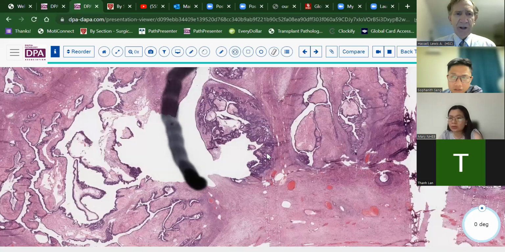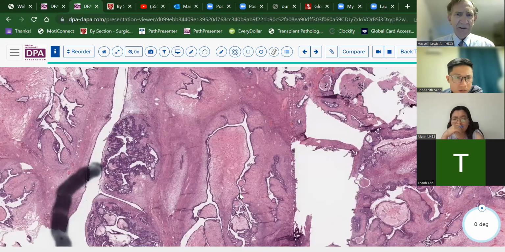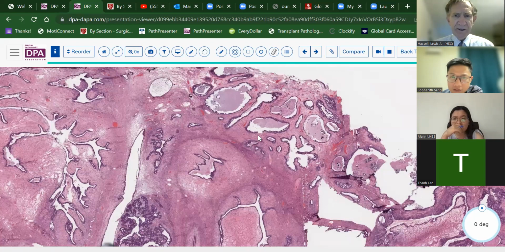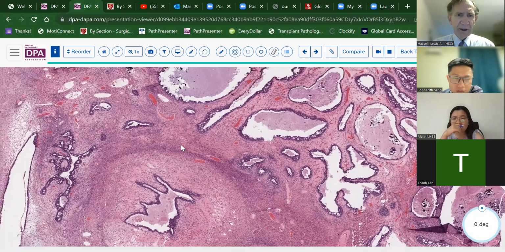Well, they gave her several interim courses of treatment. And then she came back with this persistent mass following treatment, and they had a cytoreductive surgery performed. So at low magnification, this is certainly not the usual pattern of a high-grade serous carcinoma, because we got a lot of stroma here, a relatively sparse amount of epithelium.